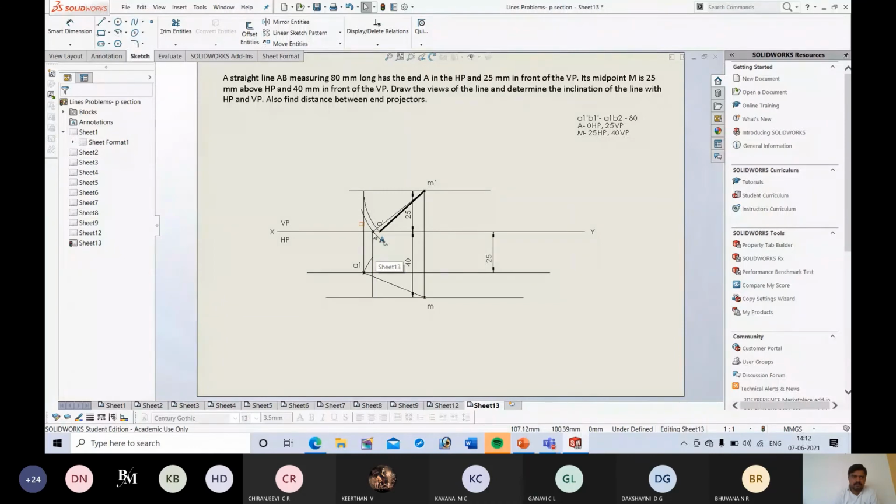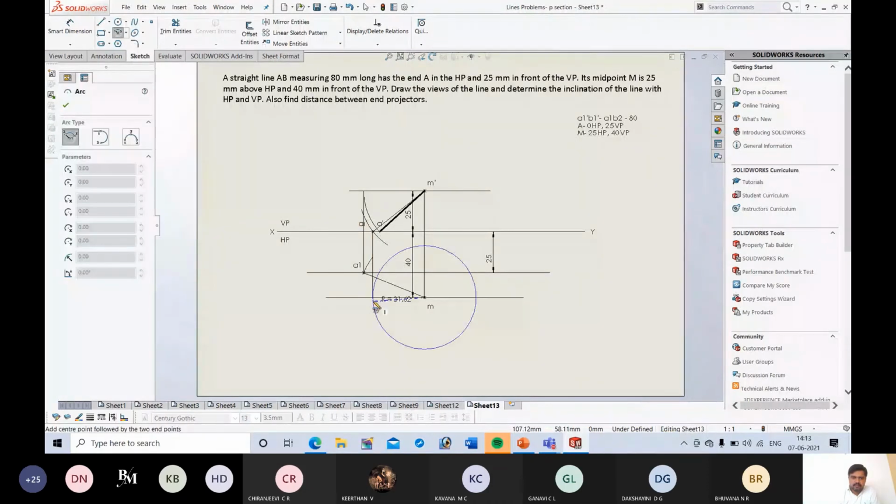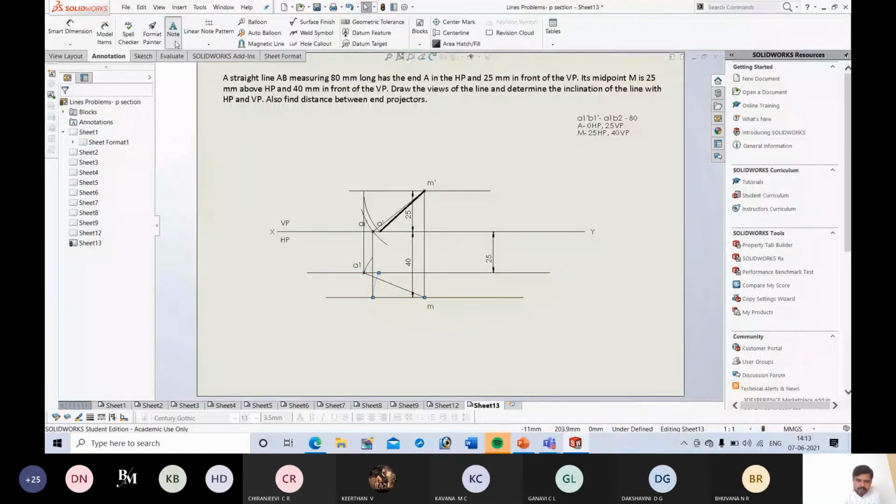Next, I will consider M as center and this as radius. I will draw an arc and I will get A. This is the point of top view.